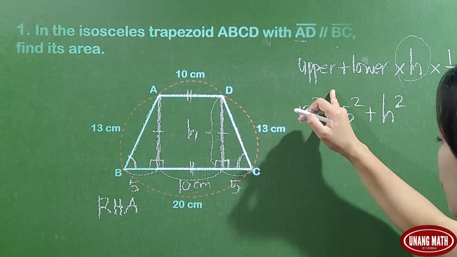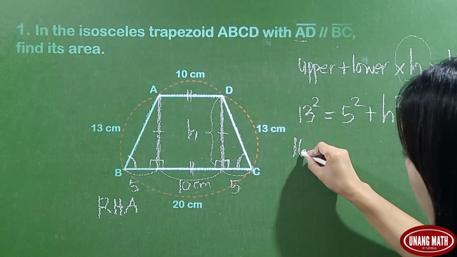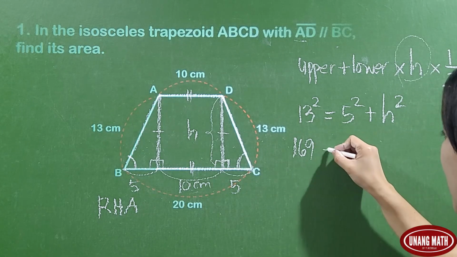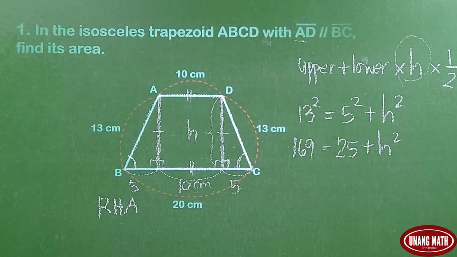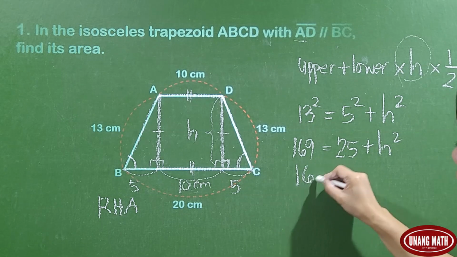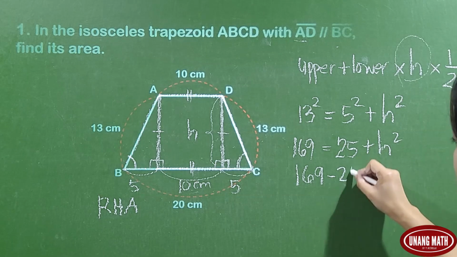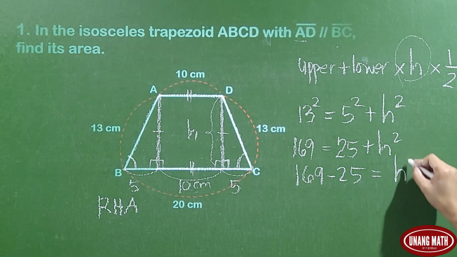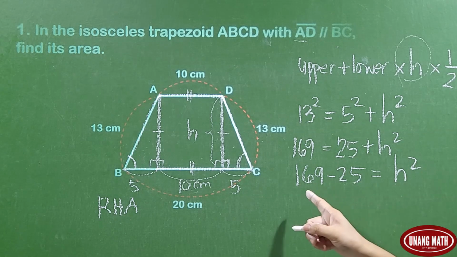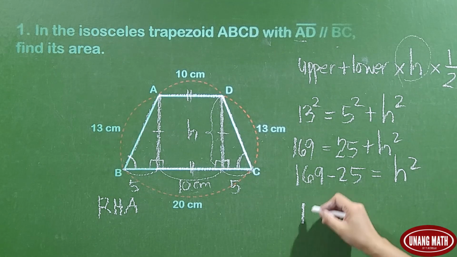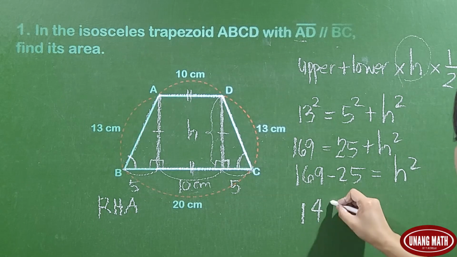So, 13 squared is equal to 169. So, this is now 25 plus h squared. So, 169 minus 25 is equal to h squared. 169 minus 25 is now equal to 144.